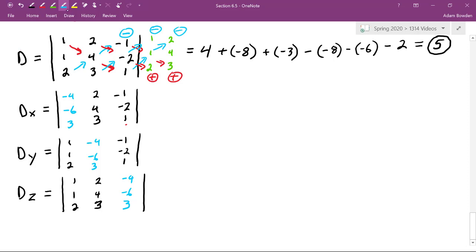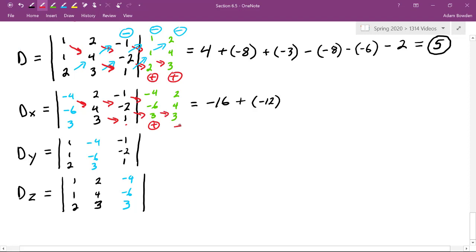So for the next determinant, again, we got to put the first 2 columns here on the side, like so. And then we start multiplying diagonally. 4 times -4 times 1, -16. 2 times -2 times 3, add that number, plus -12. And then we multiply this direction. -1 times -6 times 3 would be, we get a plus 18.